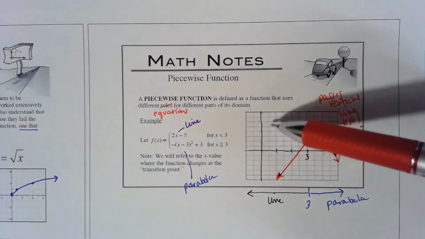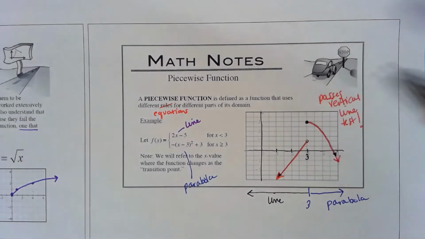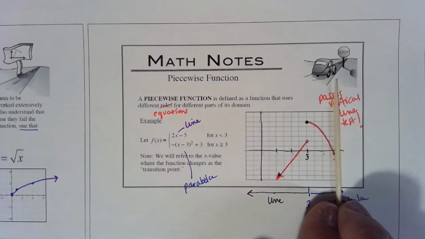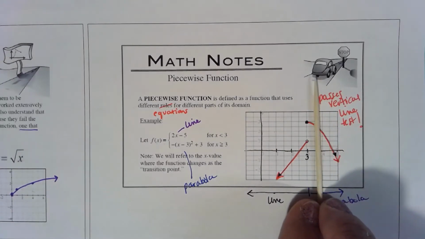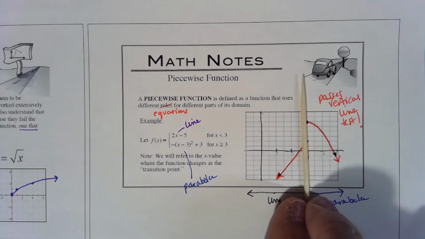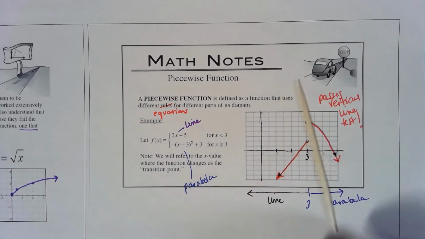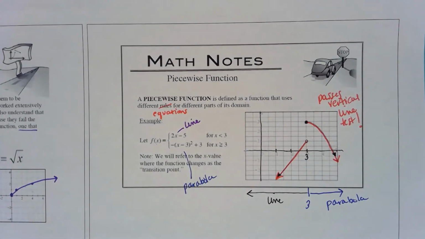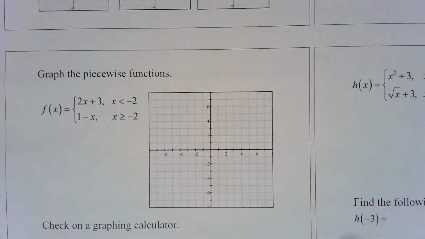We just want to make sure that in the end, if I were to drag a vertical line, a toothpick, along, it's only going to cross through the graph once. All right. So let's talk about how we graph these.